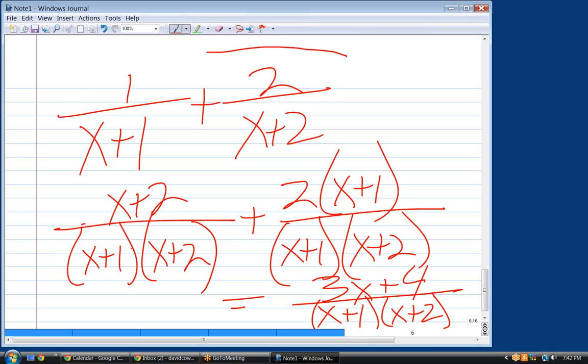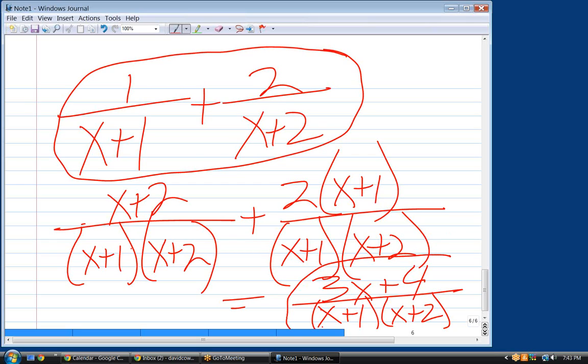So I started with two fractions that had different denominators, and I turned it into this down here. Partial fraction decomposition is going the other way. It's starting with down here, and you want to turn it into that.